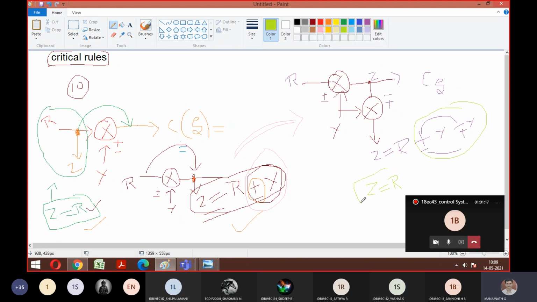Yes, sir. So this is what you are supposed to understand in this critical rule number 10. So same concept for 11, but instead of ahead, I have to take before, that's all. But the ultimate scenario is this. So whenever you have such scenarios in the problem, whenever your takeaway point has a summing point movement, then the diagram should be like this. Is it okay to everyone now?